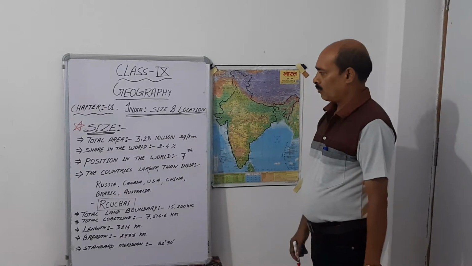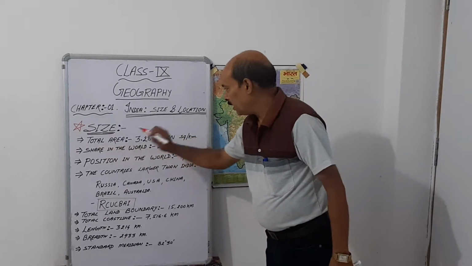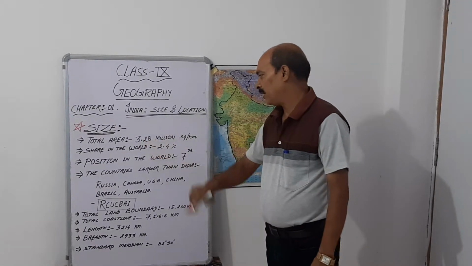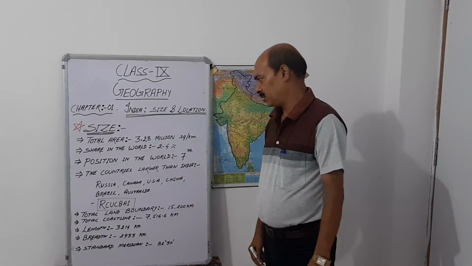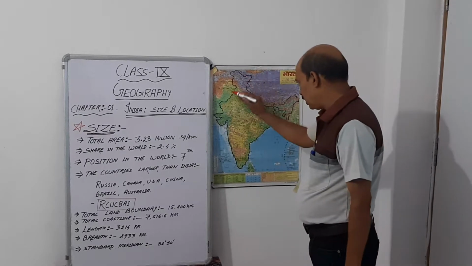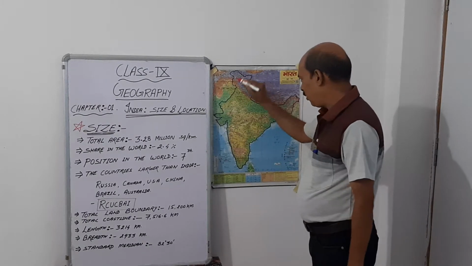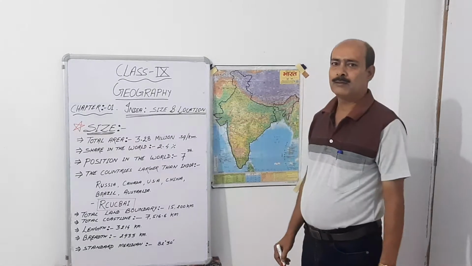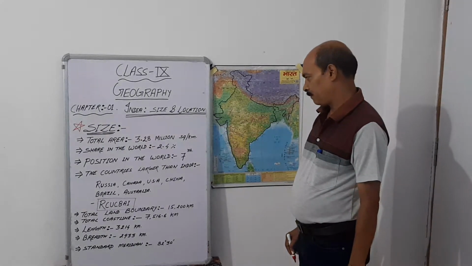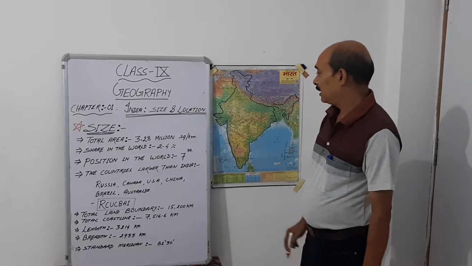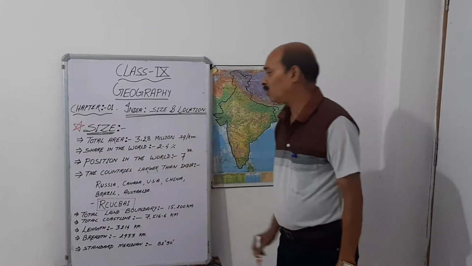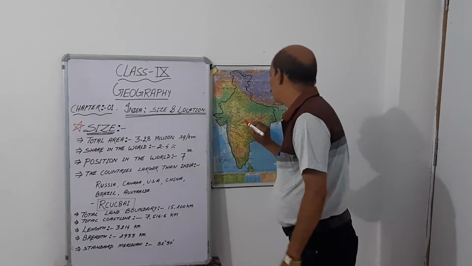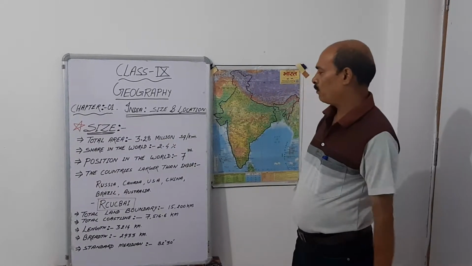So, the total area of our country is 3.28 million square kilometers. The total geographical area of our country is 3.28 million square kilometers, and its share in the total geographical area of the world is only 2.4%.